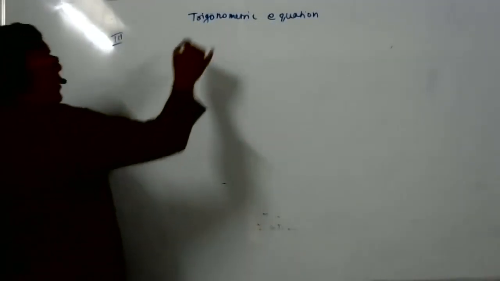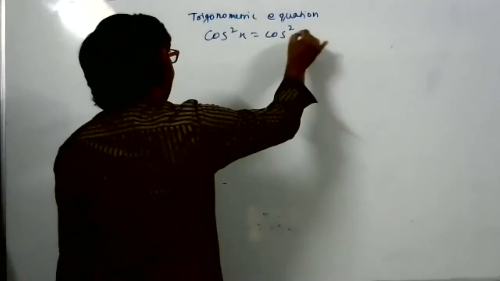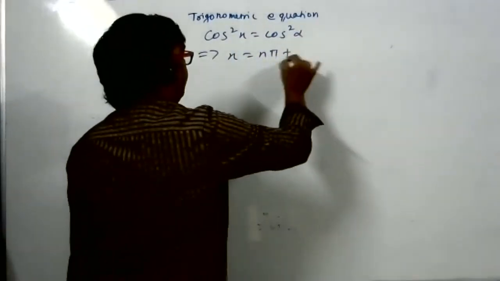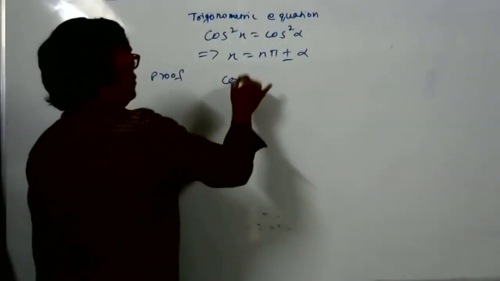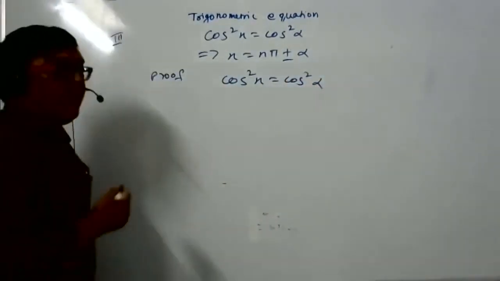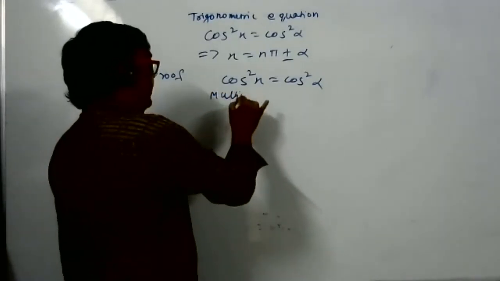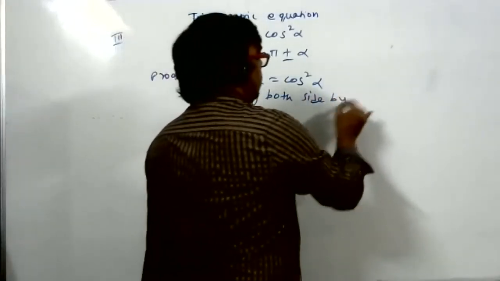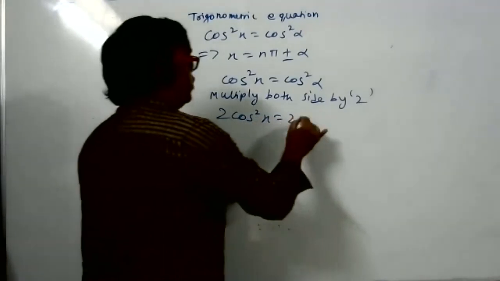Okay, now see here, what we were studying: cos square x is equal to cos square alpha. So x is equal to the same formula. First we'll do it, and they will not ask for proof and all. Cos square x is equal to cos square alpha. Multiply both sides by 2, so it becomes 2 cos square x is equal to 2 cos square alpha.